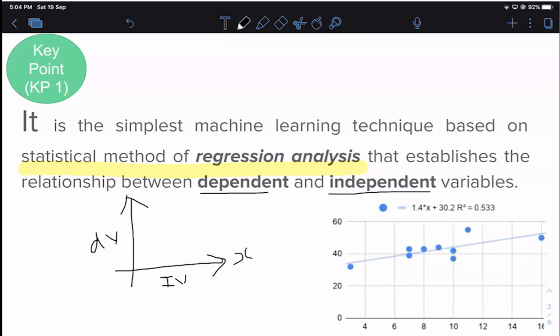The purpose of linear regression is to establish a relationship between dependent variable and independent variable. What is the function of the dependent variable with respect to the independent variable? So that is the purpose of the linear regression technique, or regression in general.